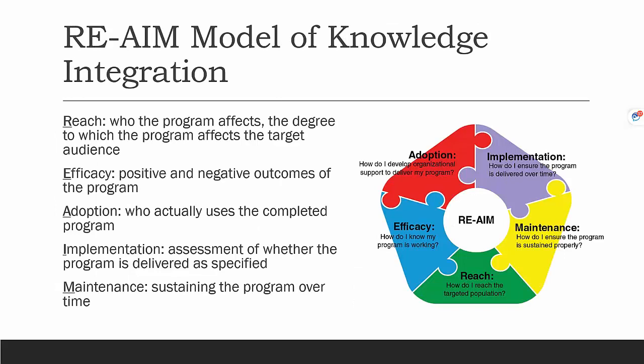RE-AIM model of knowledge integration. How well does research translate into practice? Is demonstrating effectiveness or efficacy enough? The development of effective interventions is clearly a priority among scientists interested in health promotion and the prevention of chronic disease. There is a standard method for determining if an intervention was or was not effective.